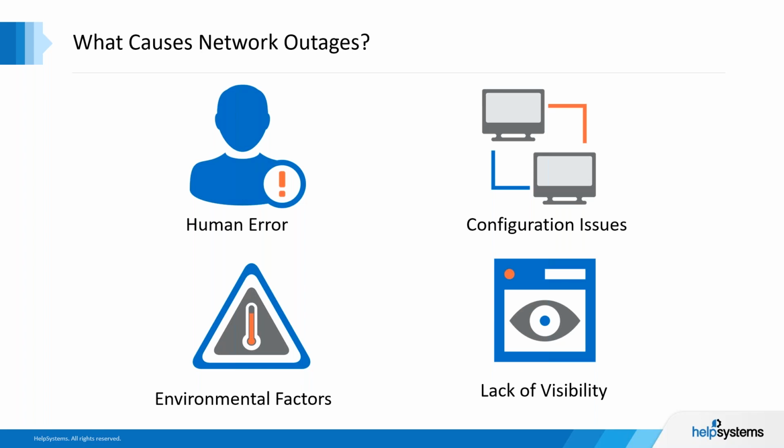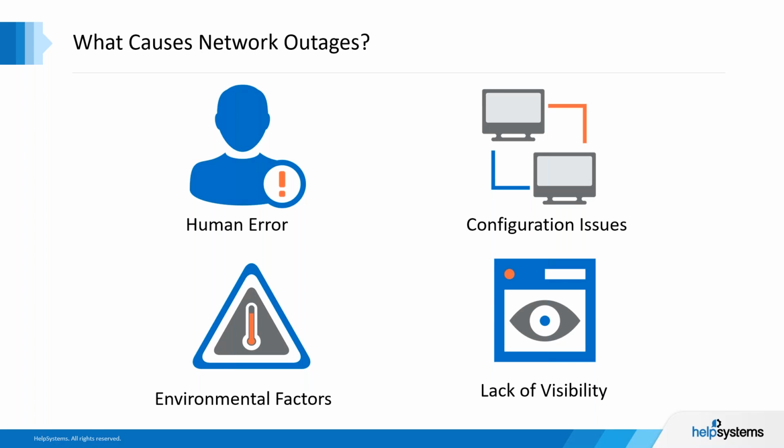If you've been in the IT space, and I've been in the space for about 15 years, I'm pretty sure that I've unplugged a couple of devices in my time. I'm sure we've all done this at some point in our career. Environmental factors is something that oftentimes is neglected. We don't necessarily think about it because this is the equipment that's running in the background. But these things can cause havoc on your network infrastructure.